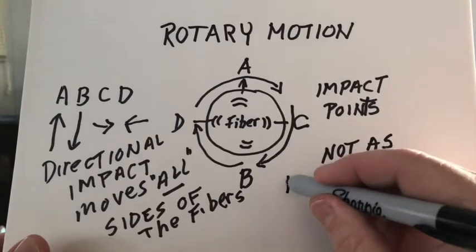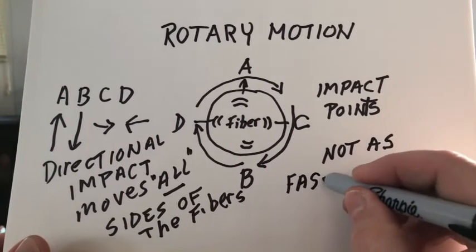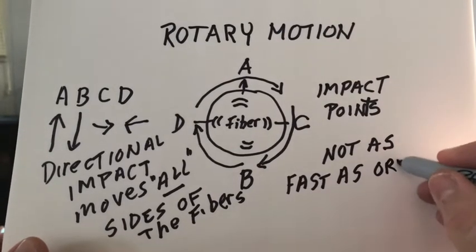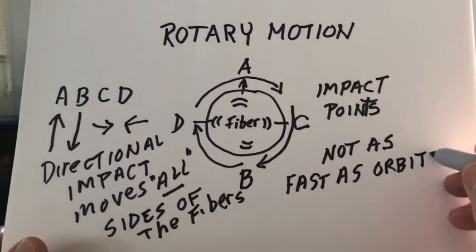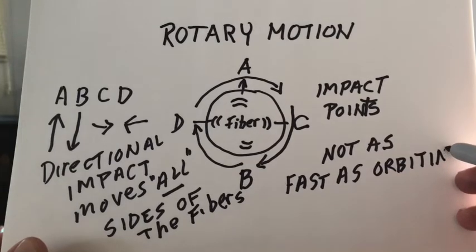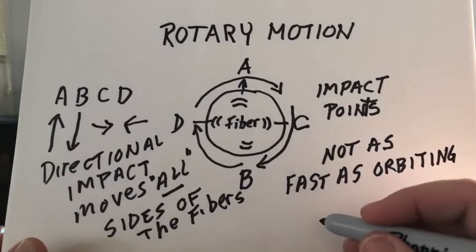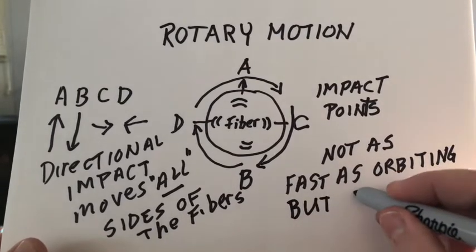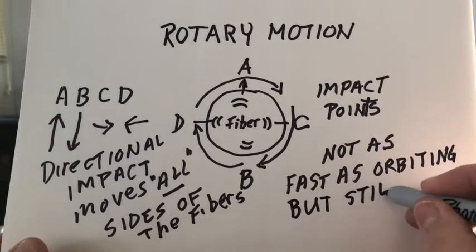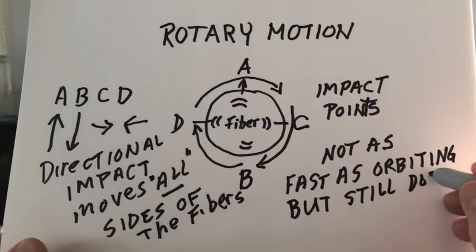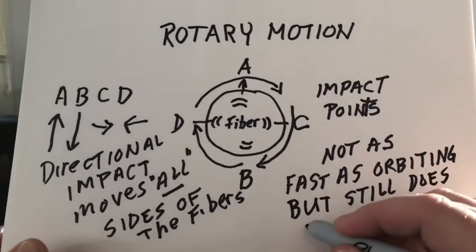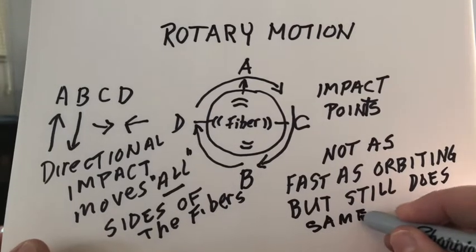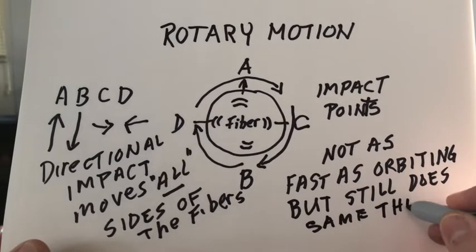So it's not going to be as fast as orbiting motion on hitting all sides of the fibers. But at the speed that you're spinning, 175 RPM, you're spinning fast enough that if you go across it once and back, you really are going to hit all sides of the fibers. So it still does the same thing as an orbital.